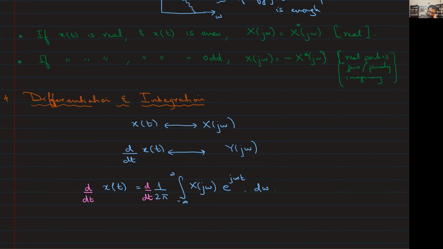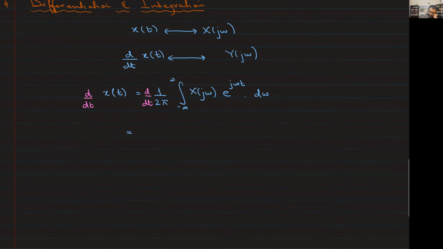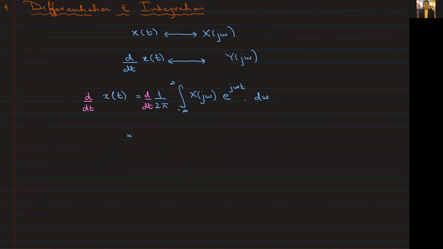So what do we get on the right-hand side, therefore? The 1/2 pi is a constant, and the integral is with respect to omega. Therefore, the derivative can go inside the integral.